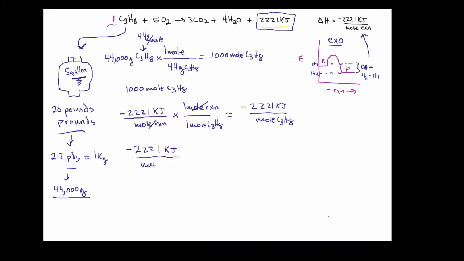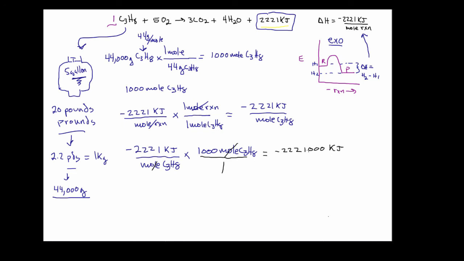Just rewrite it: moles C3H8 times, and we've got 1,000 moles. You can see this value is over 1, so the moles nicely cancel out, and what we end up with is a negative, let me make sure I get all the right zeros in, this is a big value.